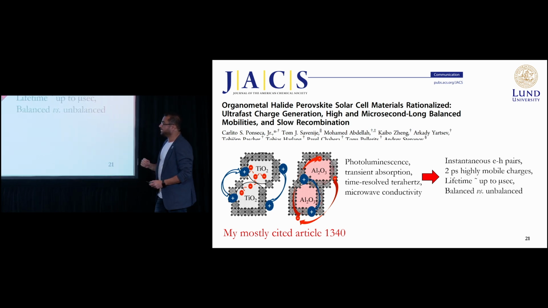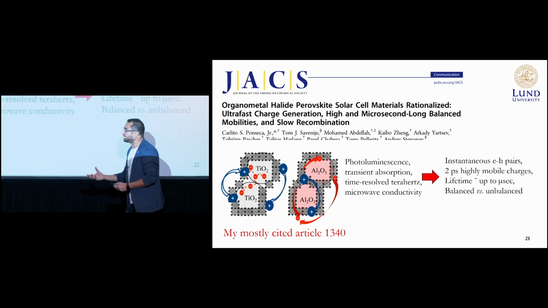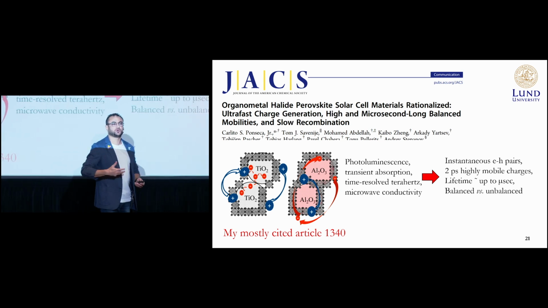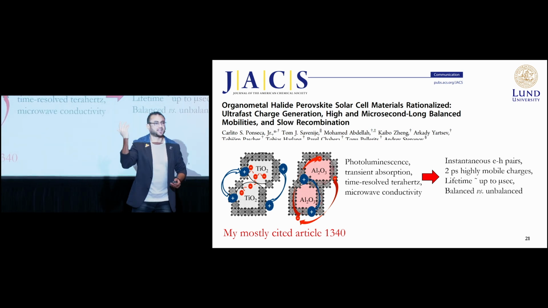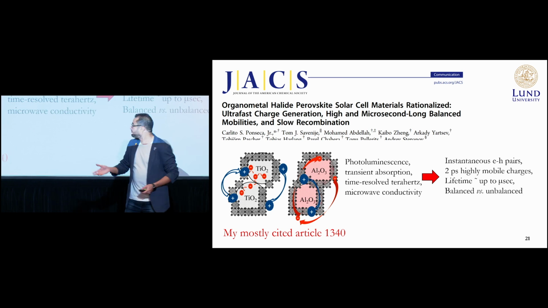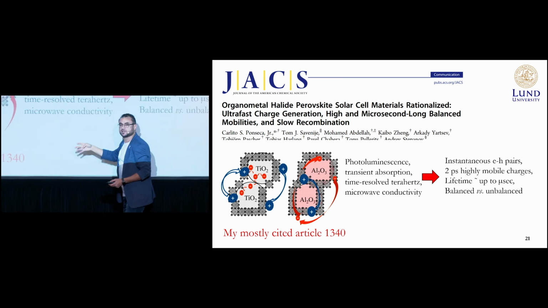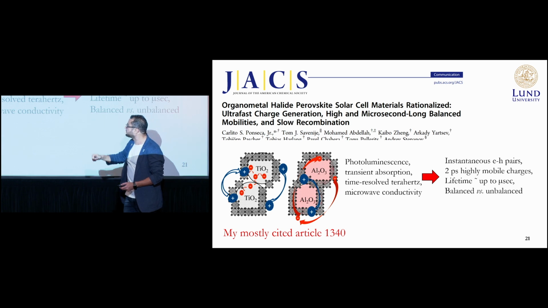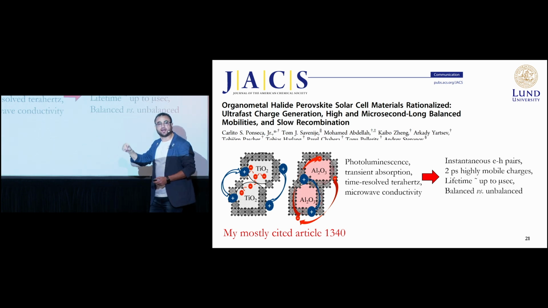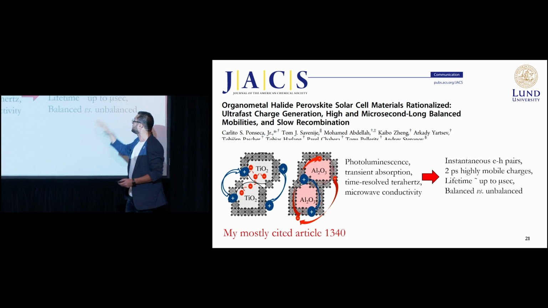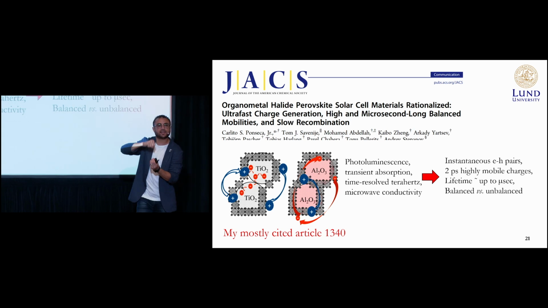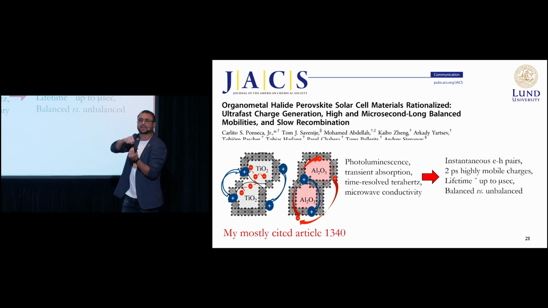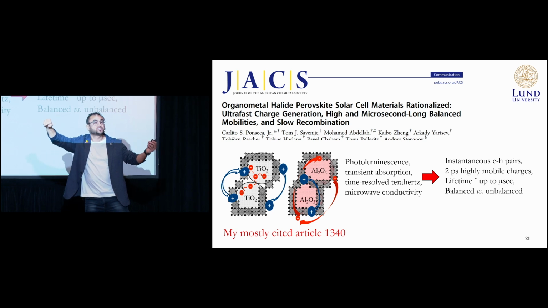Then, of course, quantum dots were there, but perovskite just showed up in the media around 2012. And actually, we were the first to start to study the charge dynamics, because perovskite, when it starts to show its activity in solar cells, it starts very high. But no one knows why. But by spectroscopy techniques like photoluminescence, transient absorption, terahertz, microwave conductivity, we find that such materials are beautiful because, first, once you create the excitons, which are electron-hole pairs, immediately within 2 picoseconds, they become free charges to move.